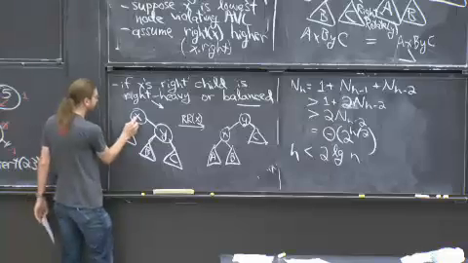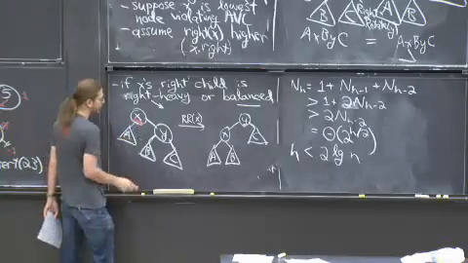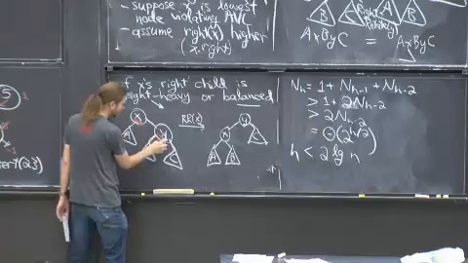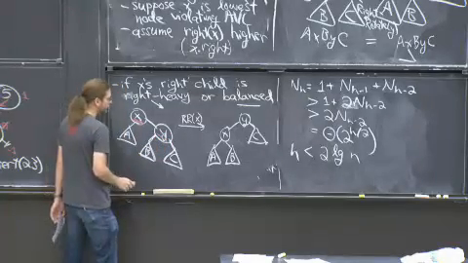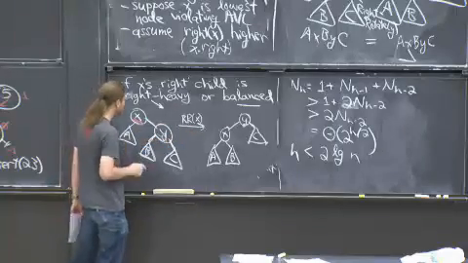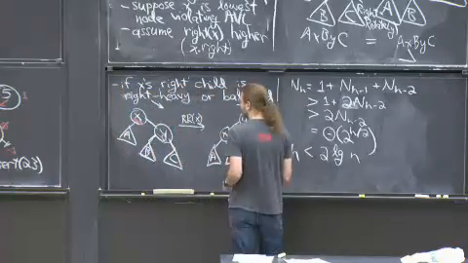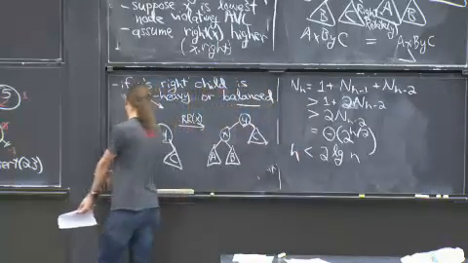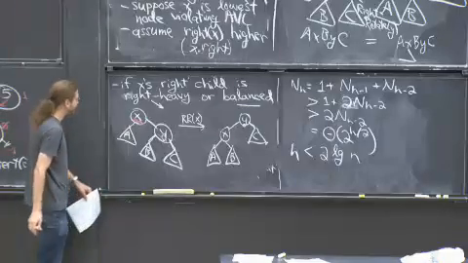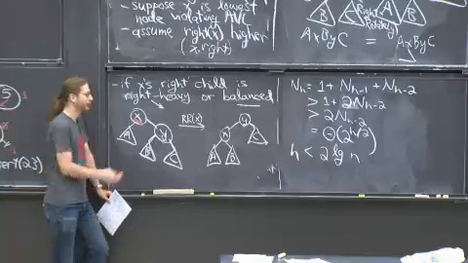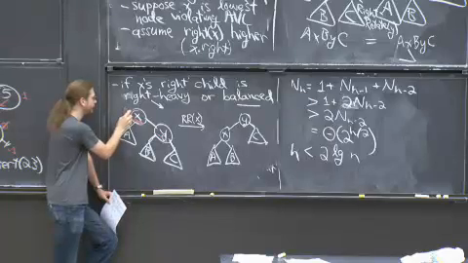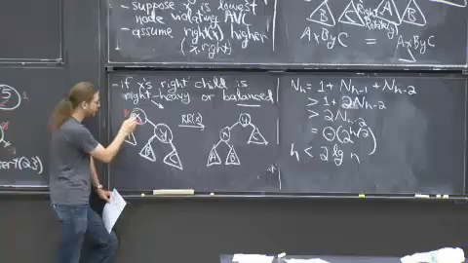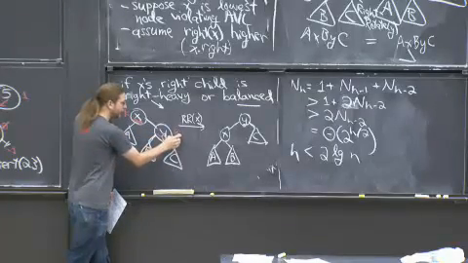I said x is right heavy, in fact, doubly so. Y is either right heavy or balanced. Let's start with right heavy. When we do this rotation, what happens to the heights? It's a lot easier to think about what the actual heights are than just these arrows. So let's suppose x has height k. That's pretty generic. And it's right heavy, so that means y has height k minus 1.